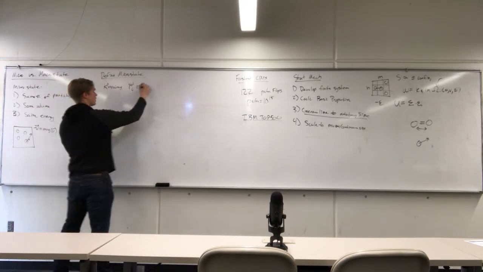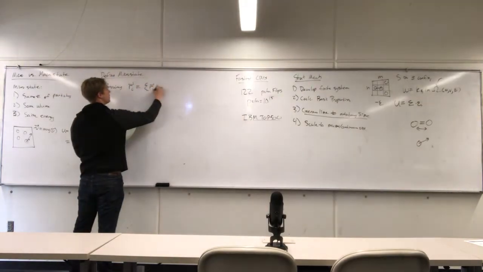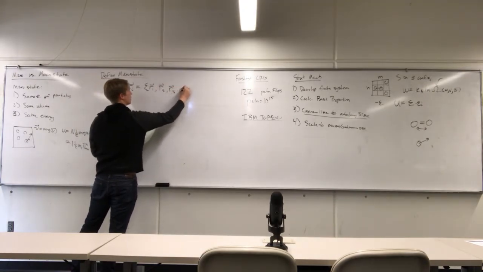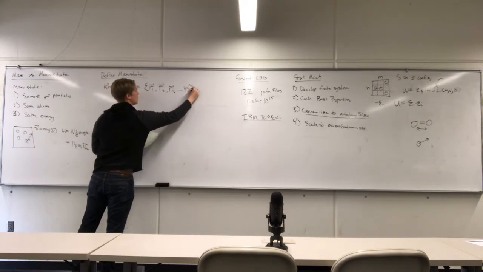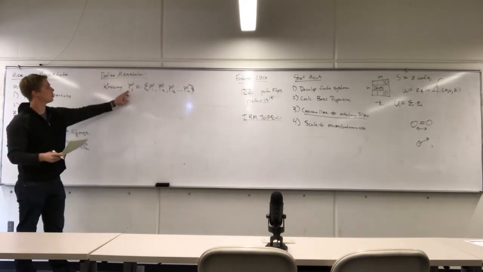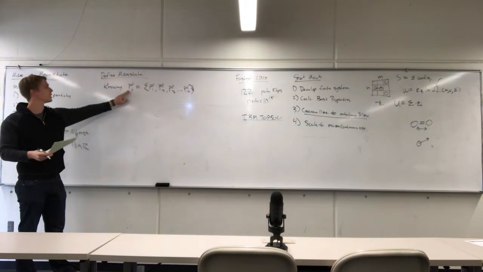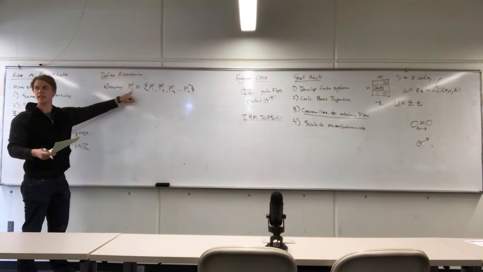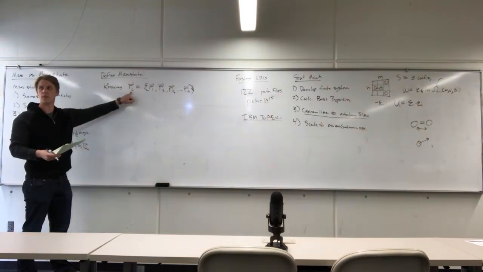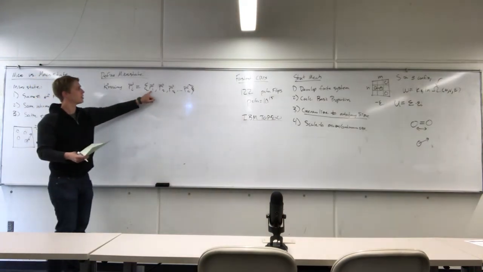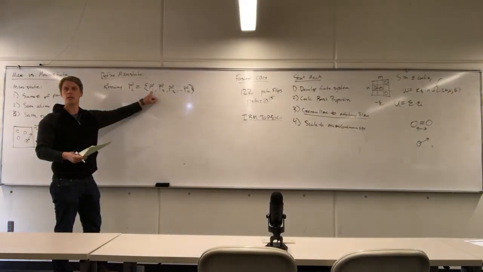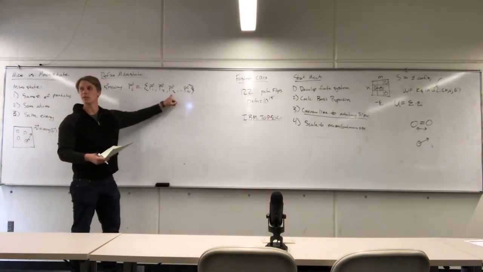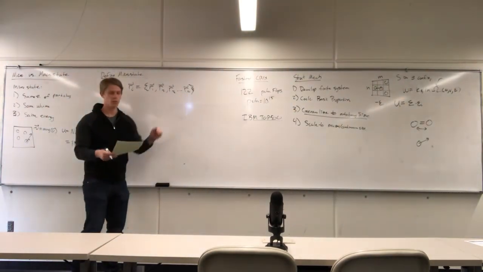Where this is necessarily going to be a set of positions. The notation that we'll be adopting here is that R vector is going to be the set of positions of all of the particles. In this case, this could be the x, y, z coordinate of particle 1, the x, y, z coordinate of particle 2, x, y, z coordinate for particle 3, and so on and so forth.